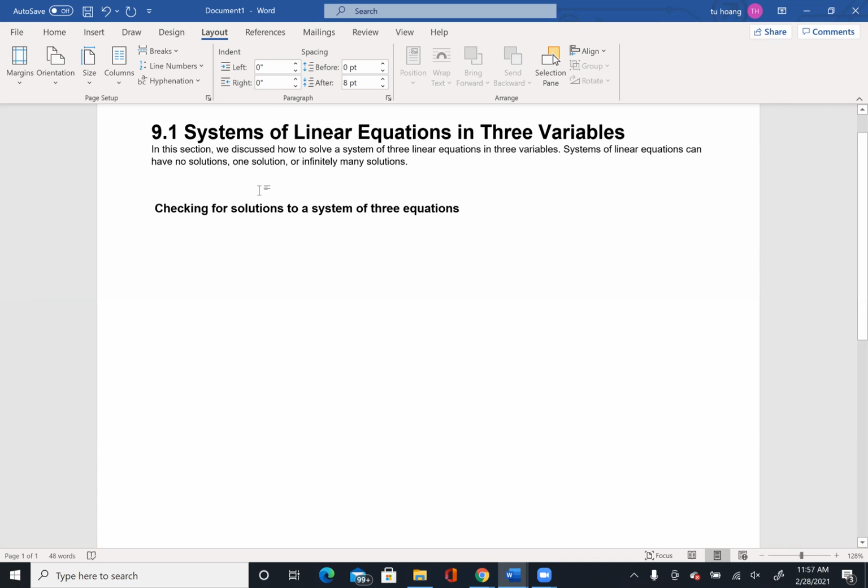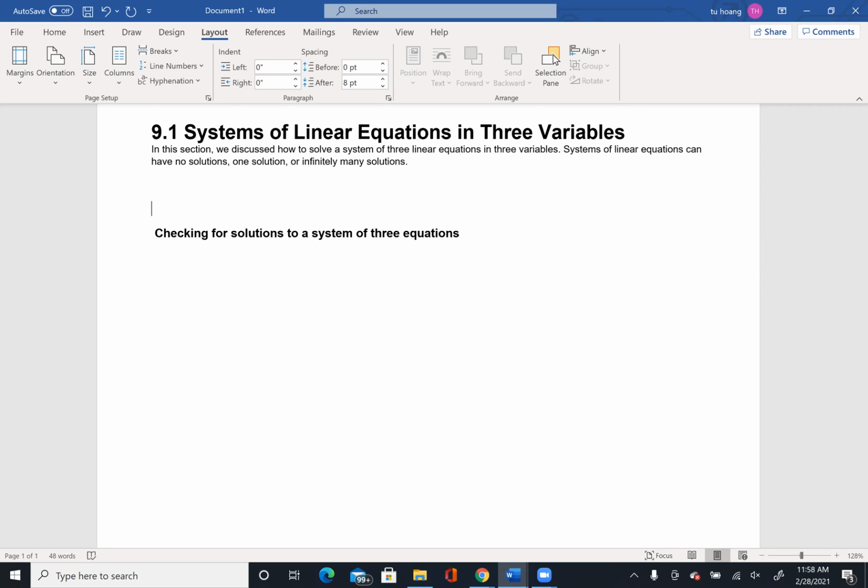Hi everyone. So today I come to section 9.1, system of linear equations in three variables. In this session we're going to discuss how to solve a system of three linear equations in three variables.